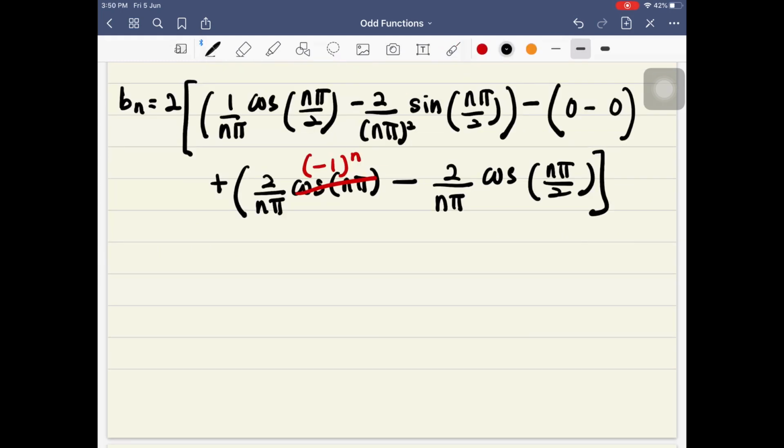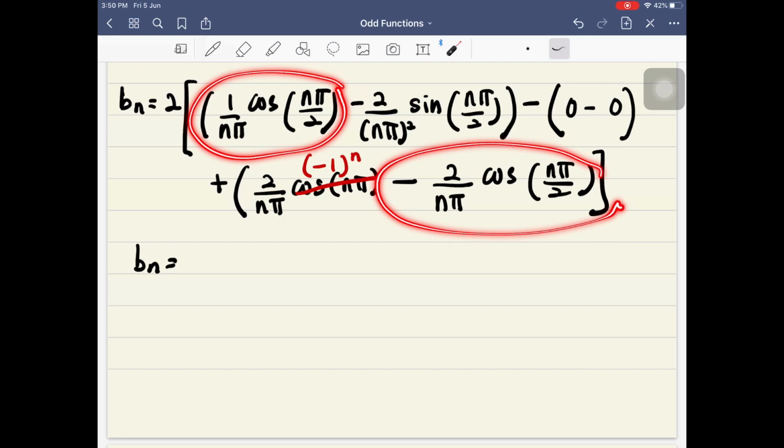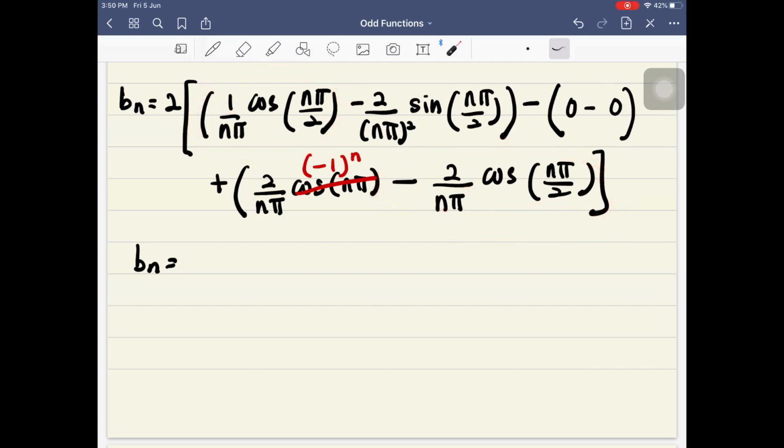Now your Bn is equals to, for this function and this function, you can simplify because this is the same function, right? So 1 minus 2 will give you negative 1.